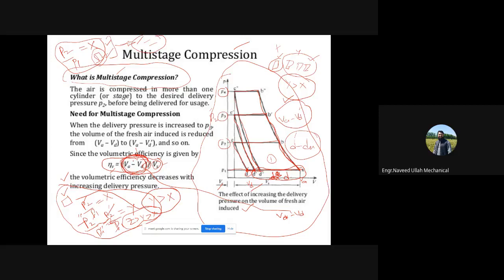In case of P2 by P1 it is this one, in case of P3 by P1 it is reduced, in case of P4 by P1 it is reduced further. इसका क्या मतलब है कि the numerator is decreased by increasing the pressure ratio. So आपके पास क्या होगा, volumetric efficiency which is one of the parameters, ये भी decrease होगी, and we don't want this, ठीक है. तो इसलिए जो है ना हम single stage cylinder में या single stage में ज़्यादा compression ratio achieve नहीं कर सकते. This is one of the reasons, reason one.